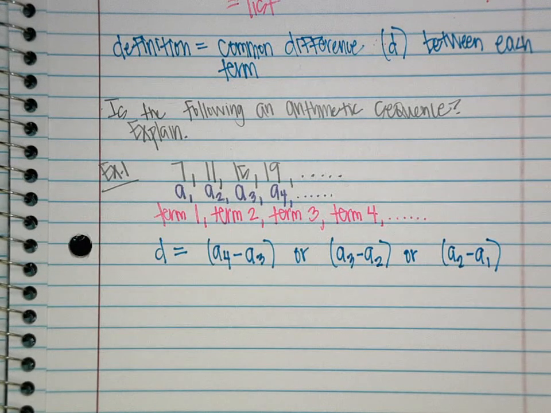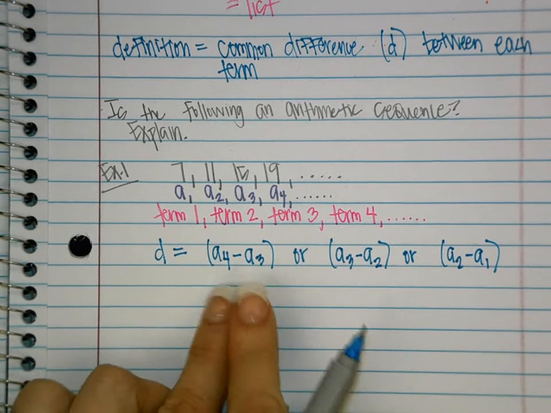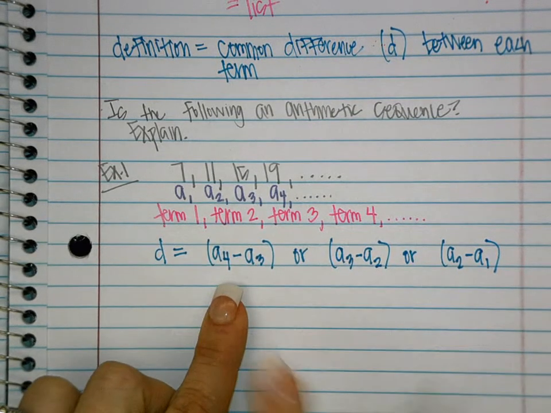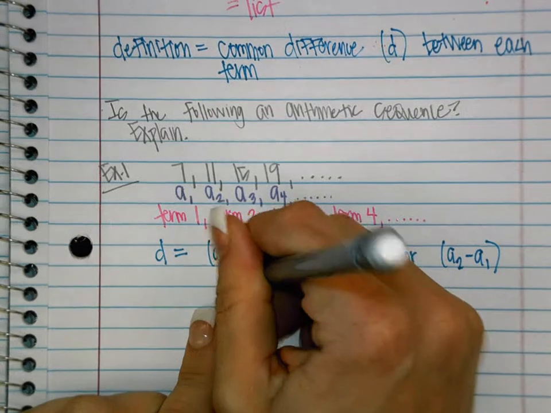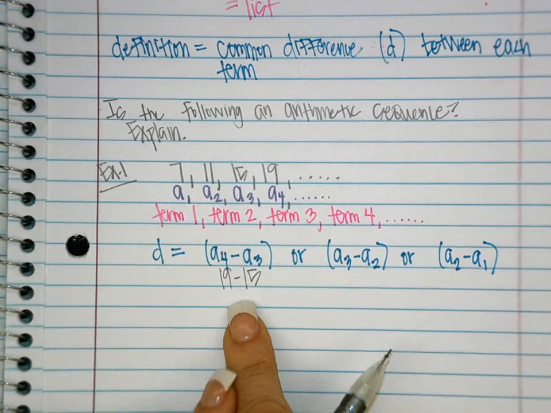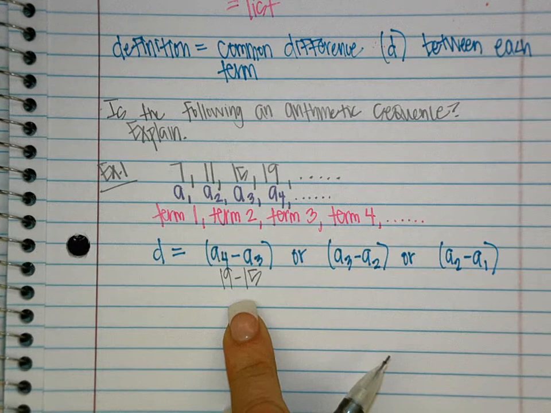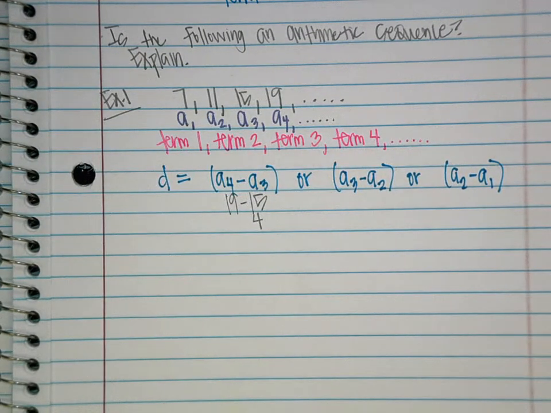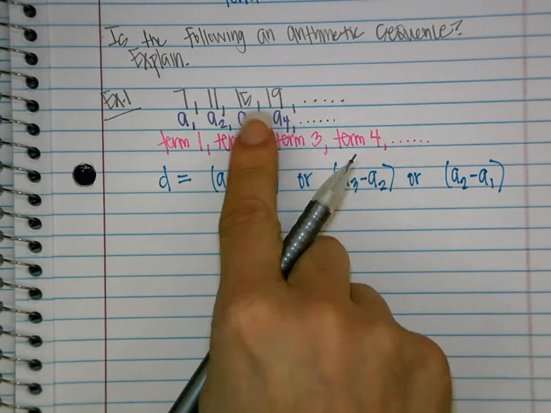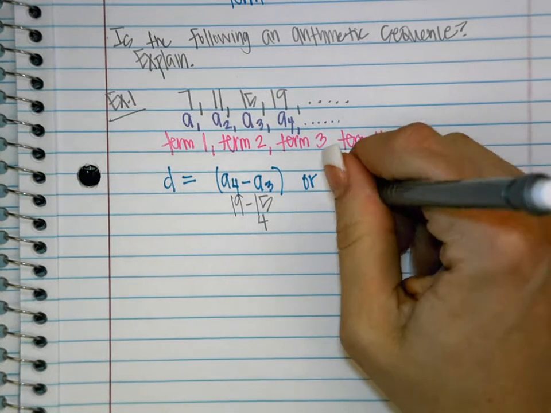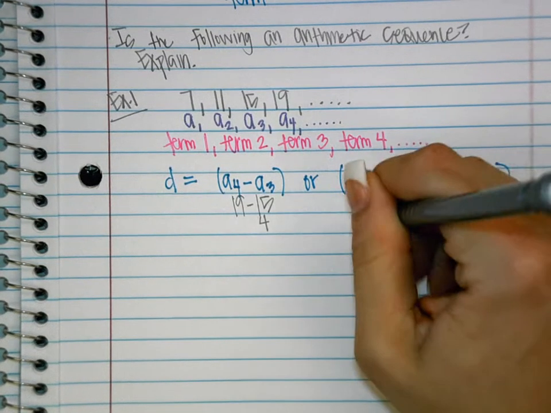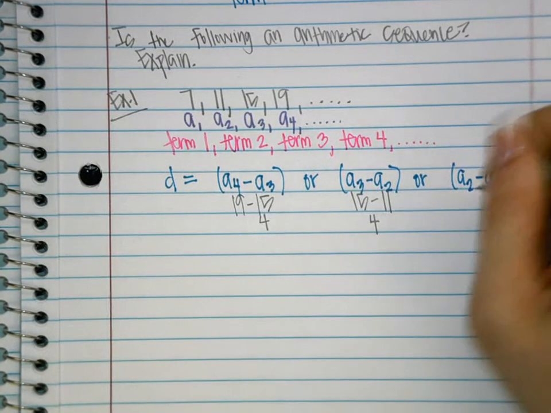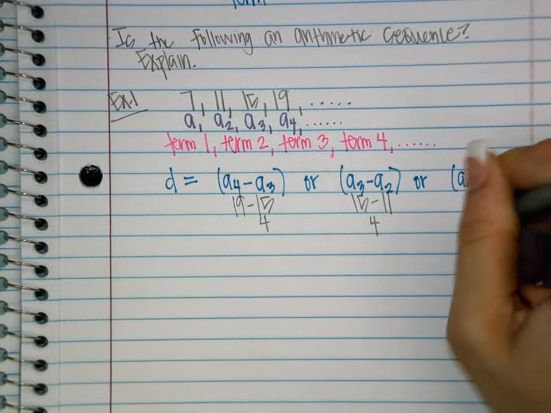So if we did A4 minus A3, that would be 19 minus 15, and what would that give you for a difference? 4. Now, you can't just look at one. We need to check them. Okay, so A3 minus A2 would be 15 minus 11. That is also 4. A2 minus A1 is 11 minus 7, which is also 4.